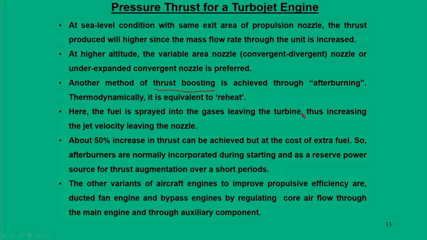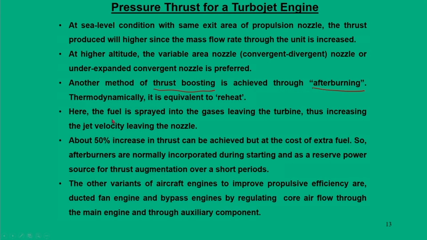But here we add heat and, instead of calling this a reheat, we call this afterburning, and fuel is burnt separately in another chamber. An afterburner is used, which is a secondary type of combustion chamber.